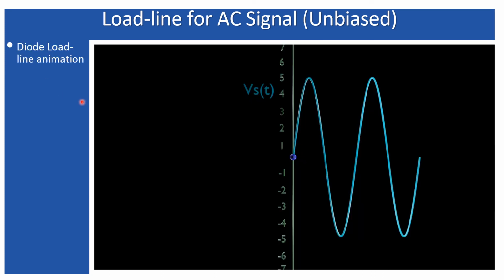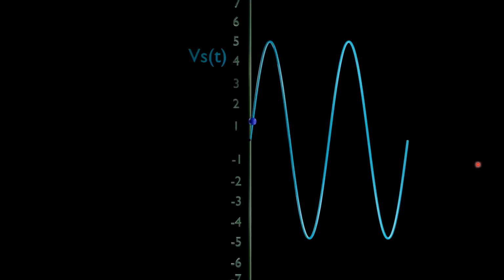It can be visualized in a better way using this small animation. This Vs represents the input sinusoidal voltage, where this blue dot represents the instantaneous value of the amplitude, which is being updated at each and every time.